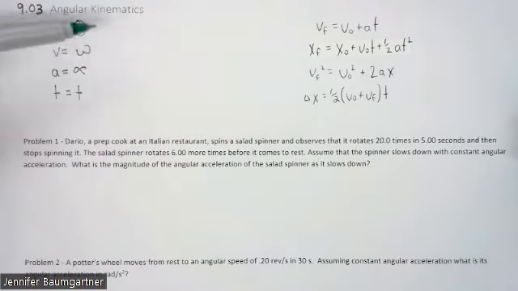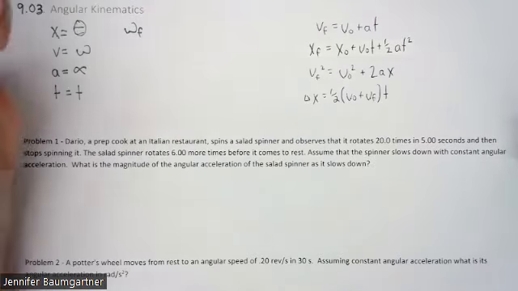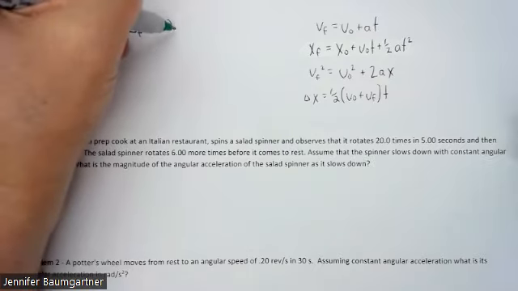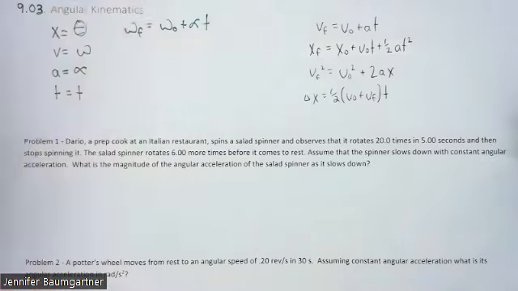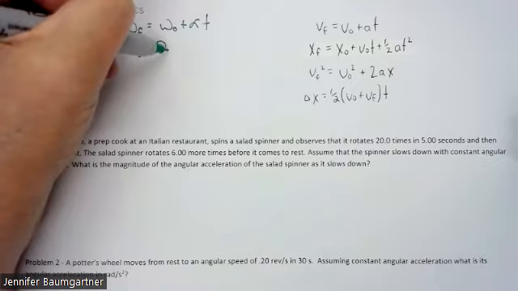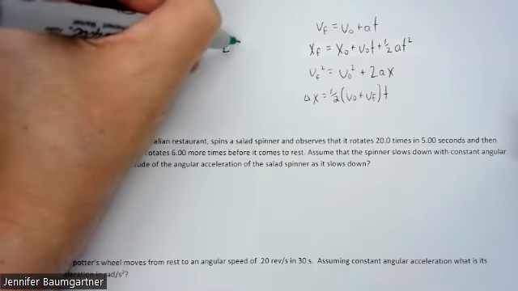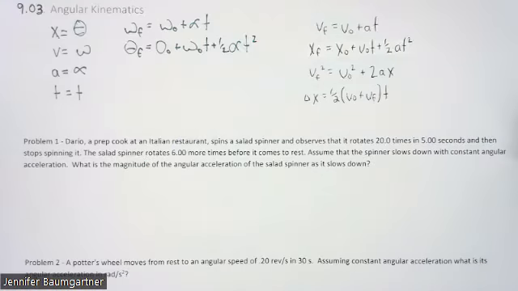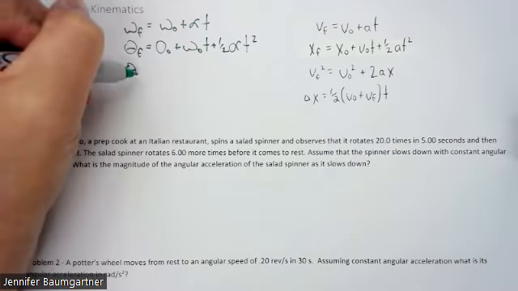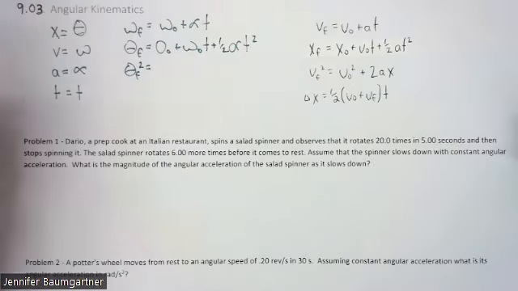So I just rewrite these equations with these variables. Now I'm going to have final rotational velocity equals initial rotational velocity plus alpha, the acceleration, times time. I'm going to have theta final equals theta initial plus omega initial times time plus 1/2 alpha times t squared. Going to have theta final squared equals, shoot, that's a mistake.